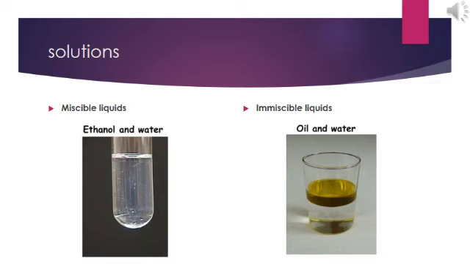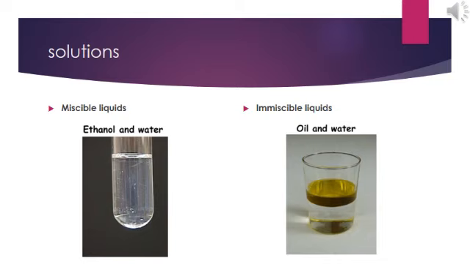The next method which we are going to discuss is separation with the help of a separating funnel. But before that, we must know what miscible liquids and immiscible liquids are. Miscible liquids are those which mix together.